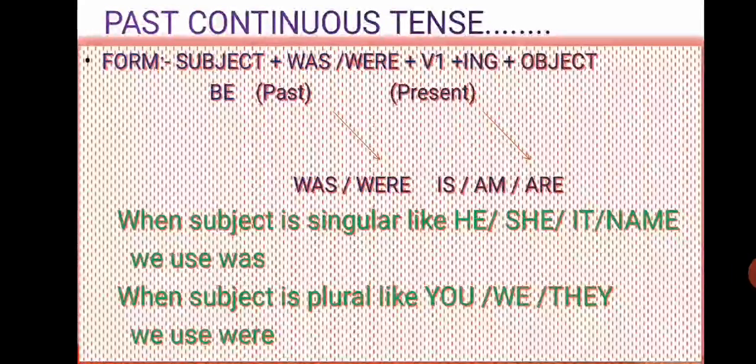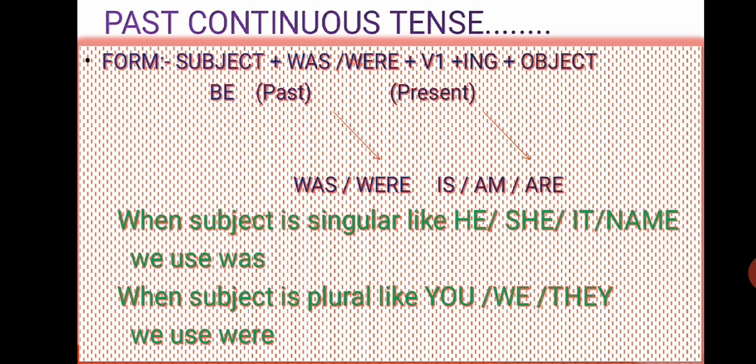In past continuous tense, we use subject plus was/were plus first form of the verb with ing and object. Now, we use was/were to represent past, and actually was/were are forms of the verb be.